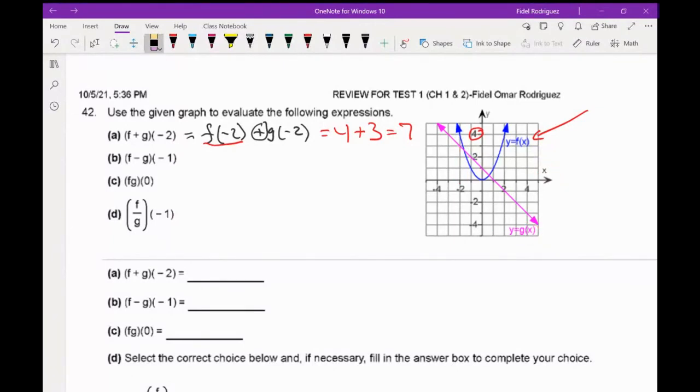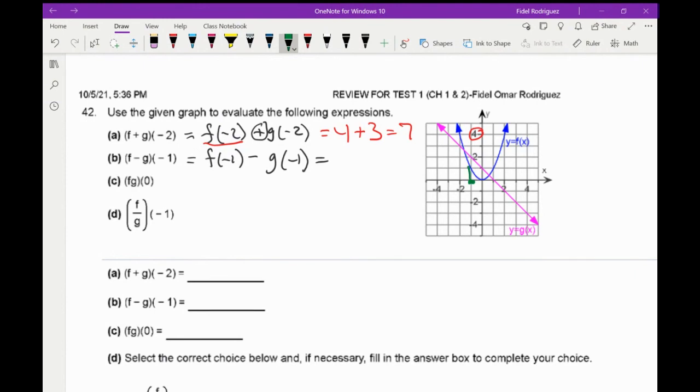So look, let me clean this up, and we'll do the same thing for the next one. Look, we're going to go f of negative 1. Oops. And it's not a plus this time, y'all. There's a minus there. Then I'm going to do g of negative 1, and we're going to subtract those numbers. Okay, so look, I'm going to do some green. Here's negative 1. Remember, f is my blue function.